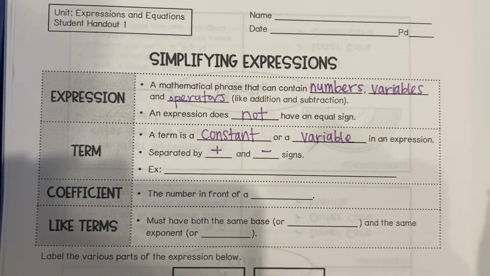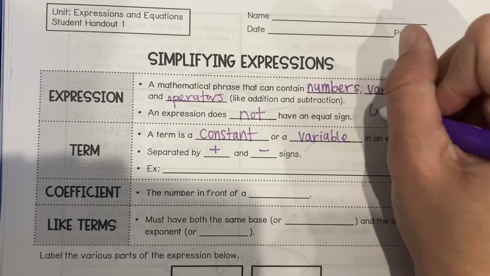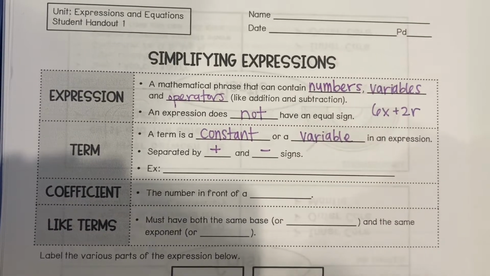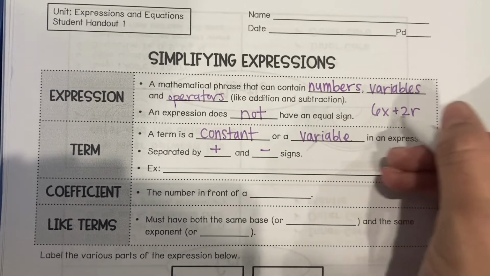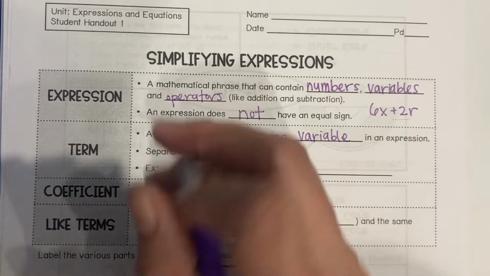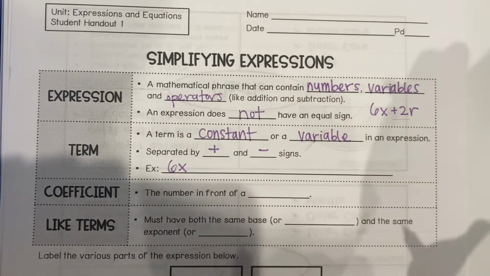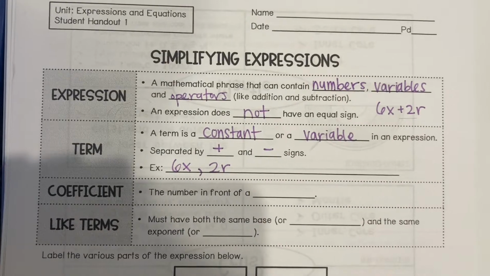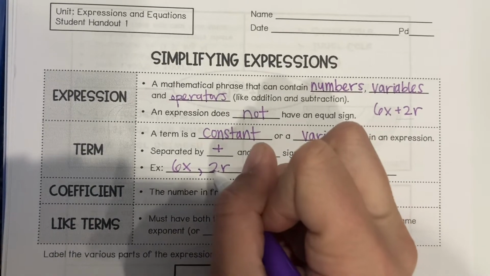So an example is, let's say that I had the expression 6x plus 2r. This would be an expression, no equal sign. A term would be 6x. Another term would be 2r. Okay, those are examples of my terms there.